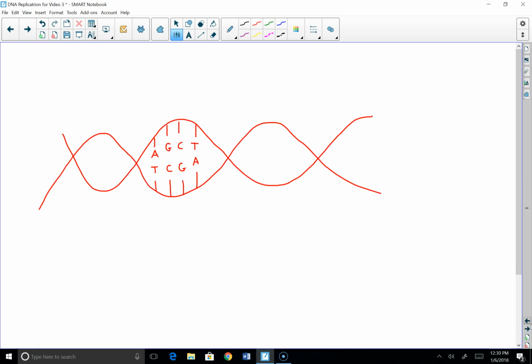We can also see that when we look closer, the bases make up the ladder. Once again, this is your backbone, and your backbone is the phosphates, sugar, phosphate, sugar. And it is the bases that make the ladder.